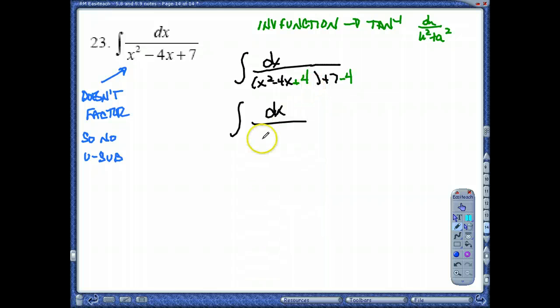So now what's inside the parentheses is a perfect square. It is x minus 2 squared, and then 7 minus 4 is positive 3. So we've got our inverse trig function look. Our u is going to be played by x minus 2, so we have quite the hearty little actor there. Du could be a problem, but the derivative of x minus 2 is just dx.